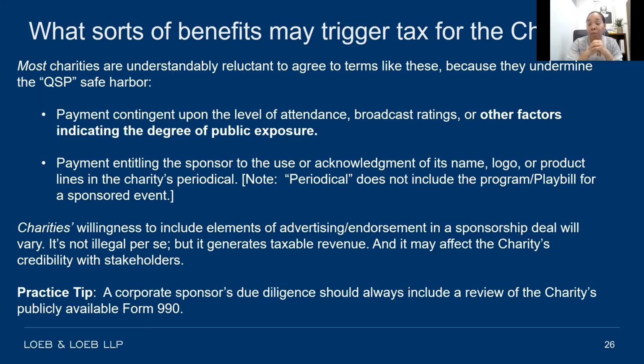So one practice tip I would suggest, if you're not already doing it: if you are a corporate sponsor contemplating starting negotiations with a charity for a complicated corporate sponsorship, go on GuideStar, www.guidestar.org, which is one of the main platforms where you can find charities' returns publicly available, going back usually a decade, and look at their last Form 990.